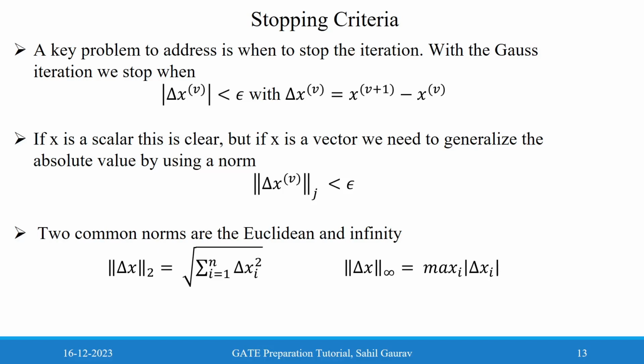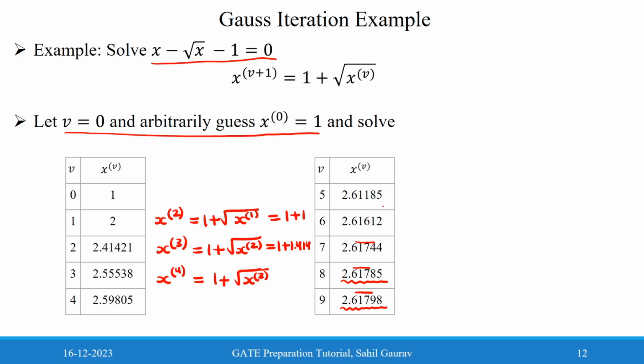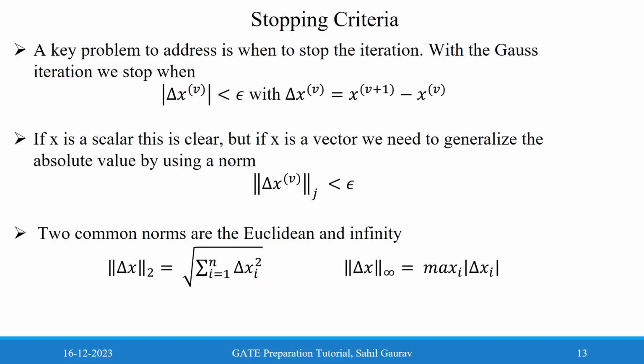With the Gauss iteration, we stop when delta x_v, the difference between two x_v at different v values, is less than some very small value epsilon, and then we can take it as the final solution. If it is more than that value, then we go further and further.